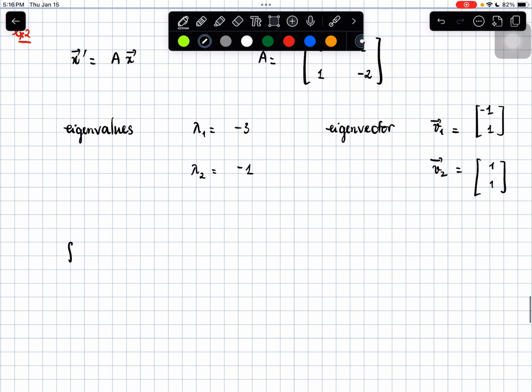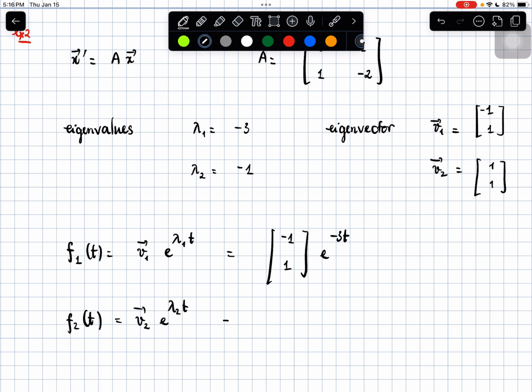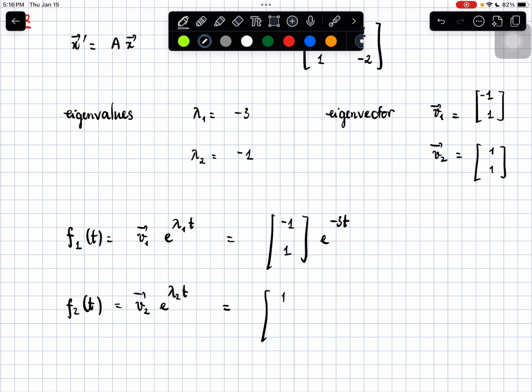The eigenfunction f1(t) is v1 e^(lambda 1 t), which is (minus 1, 1) e^(minus 3t). Eigenfunction f2 is v2 e^(lambda 2 t), which is (1, 1) e^(minus t).